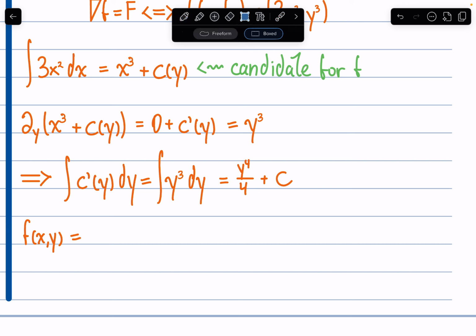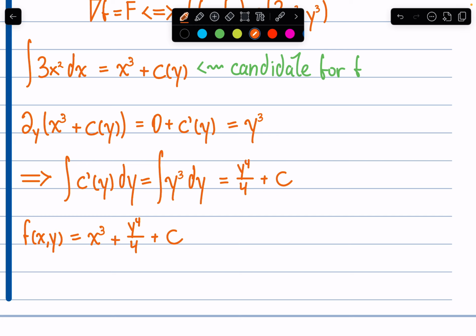The end result is x cubed plus y to the fourth over 4 plus a constant.